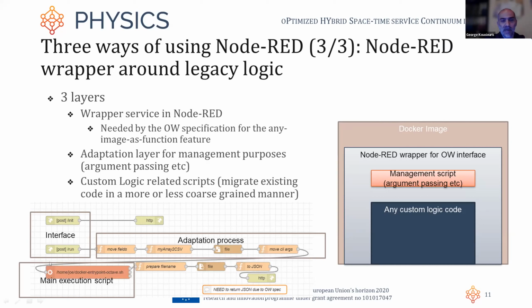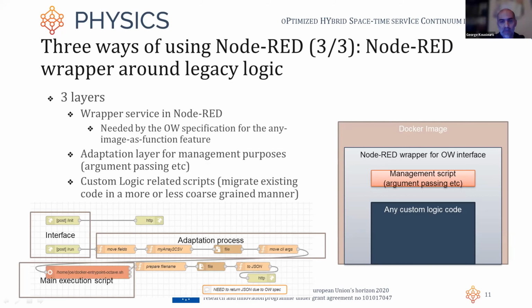We provide patterns that have to do with the defined interface of OpenWhisk, and some example adaptation processes that are very easy to do due to the various functionalities inside Node-RED about message manipulation, format transformation, and so on. And then you can basically launch your main execution script without a lot of adaptation.